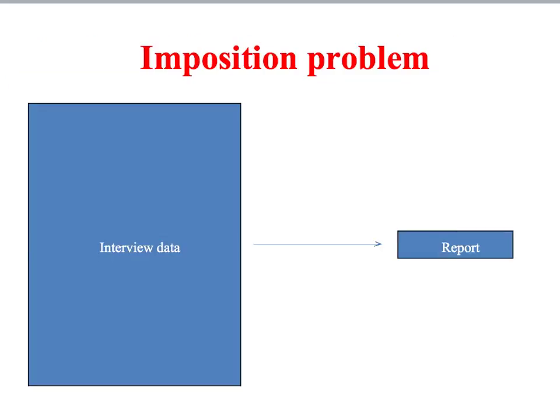Now, on the issue of transparency, I want to mention something that I discussed briefly in the last screencast called the imposition problem. In the last screencast, I argued that questionnaires risk what has been called the imposition problem, and that this referred to the risk that the researcher, when asking questions, might be imposing their own views on the people being researched rather than getting back what they really think.